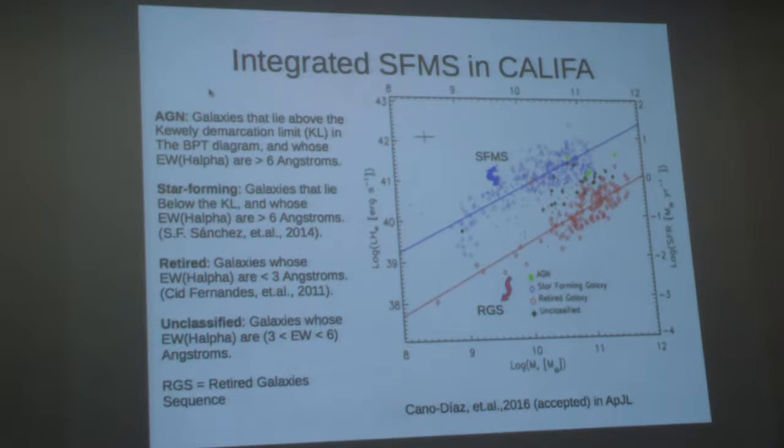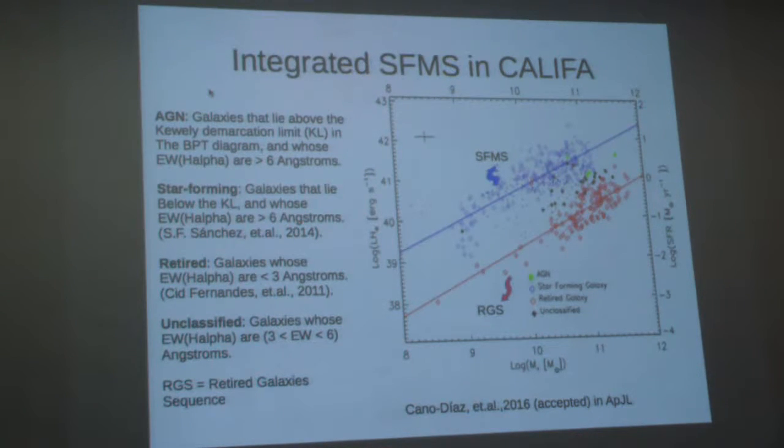There are only 4 points in that plot. Then the galaxies that lie below the demarcation limit and have H-alpha equivalent widths larger than 6 were considered to be star forming in general. Those points are the blue points in the plot, and they are indeed the star formation main sequence.